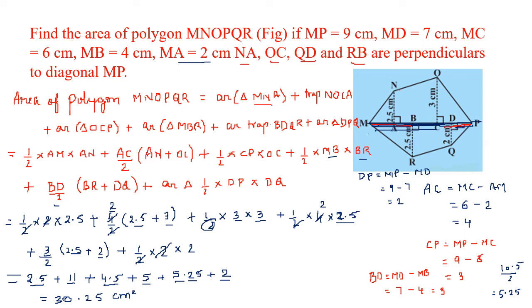So that is the answer of this entire polygon. I hope this is now clear to you. So we can move on to the next sum. If it isn't clear, then rewind the video and see it one more time till you are able to find all the distances by yourself and calculate properly.